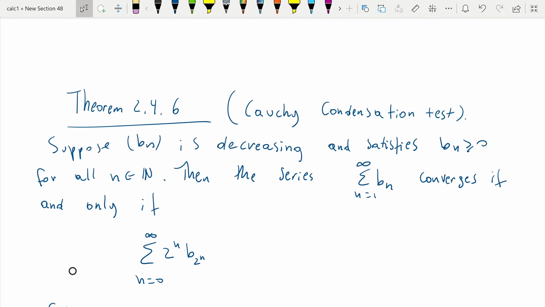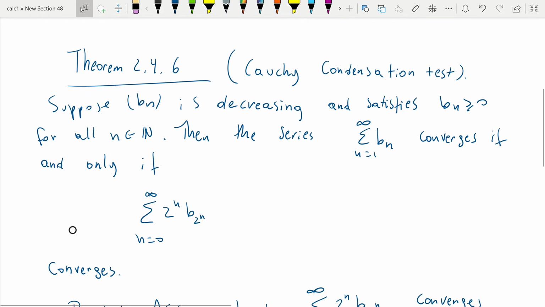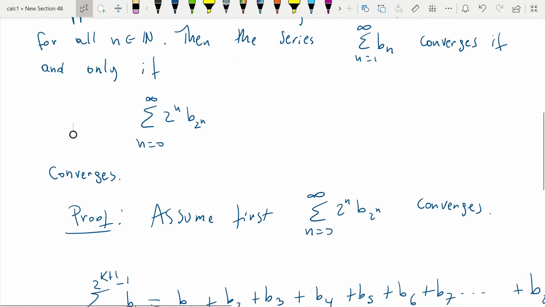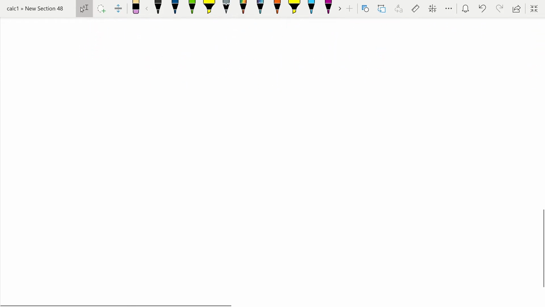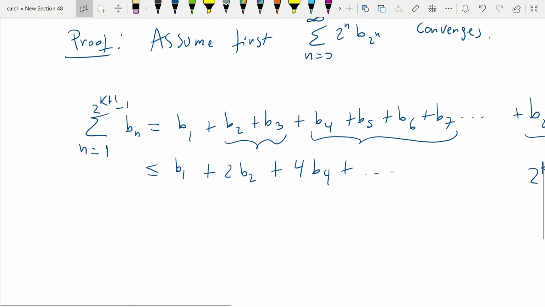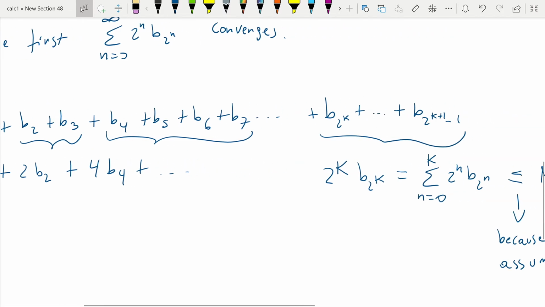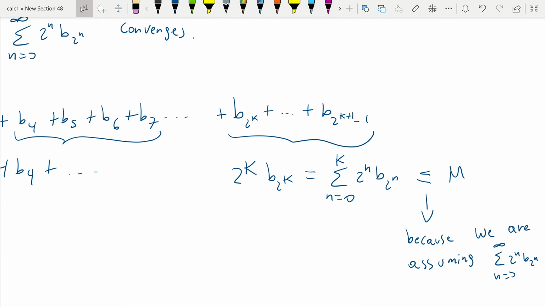Whenever we look at the partial sums with larger k, we're adding more terms, and so the partial sums become bigger, or at least they don't decrease. So it's not decreasing as a sequence. And so what we've shown is that all the partial sums are bounded by M.